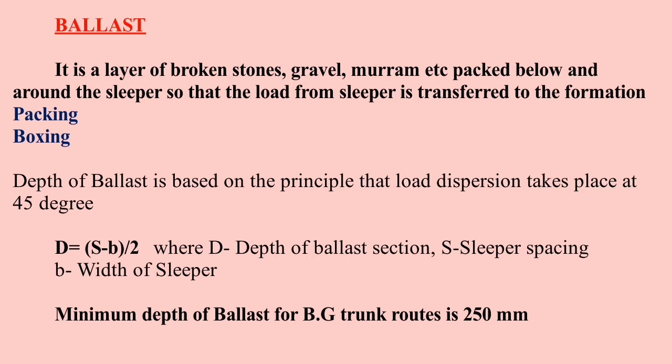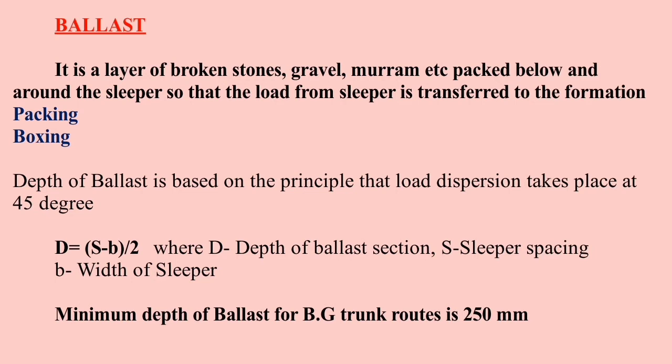The materials which are generally used as ballast are broken stone, gravel, sand, ashes, moram, kankar, brickbats, blast furnace slag, selected earth, etc. How can we calculate the depth of ballast section?